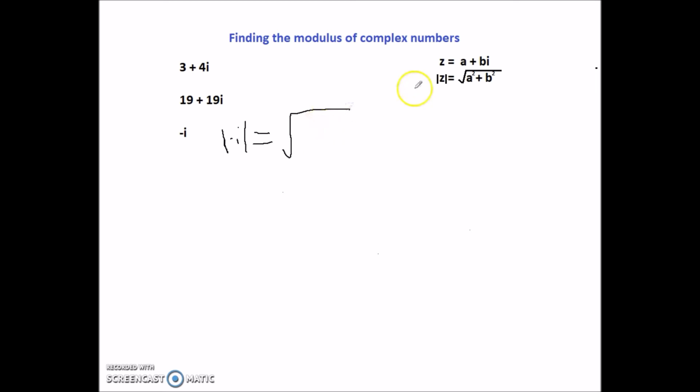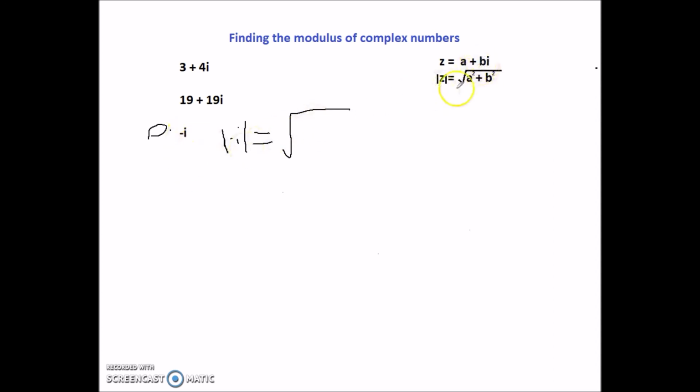Now the first thing that we need to do is find out the value for a. And there is no a, so it's actually 0. It's actually in the form of 0 minus 1i, and because a is equal to 0, we just leave it out. The next thing that we're going to do is put in b. What is b?